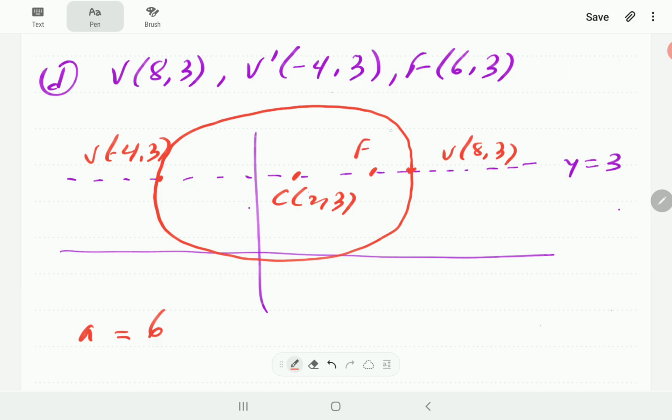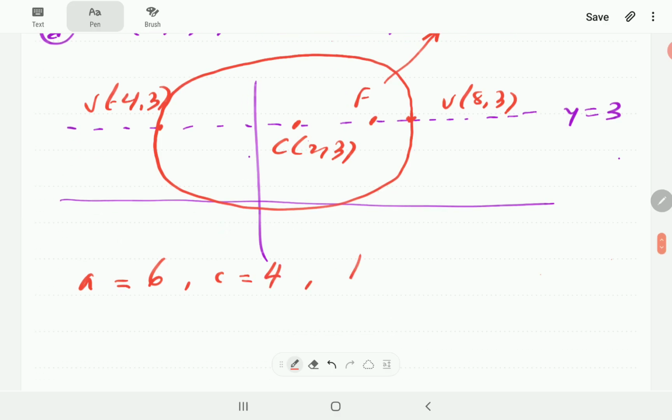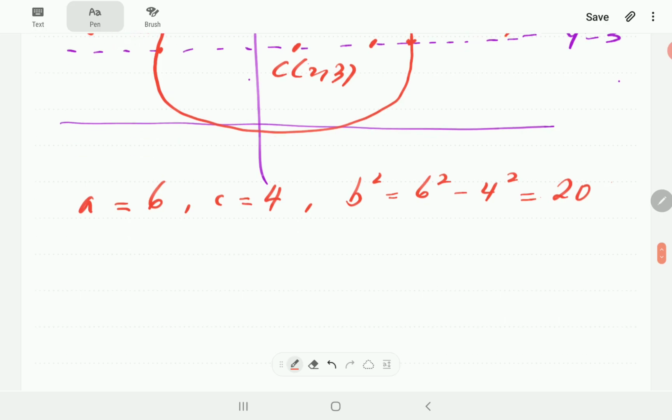The distance from the center to the focus is C, so C is equal to 4. From here we can find B squared. It's going to be 6 squared minus 4 squared. 6 squared is 36, 4 squared is 16, so B squared is going to be 20.